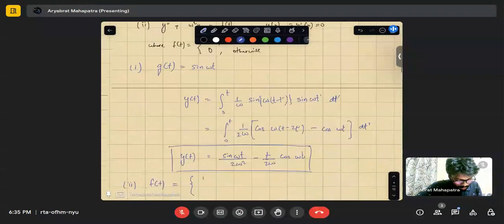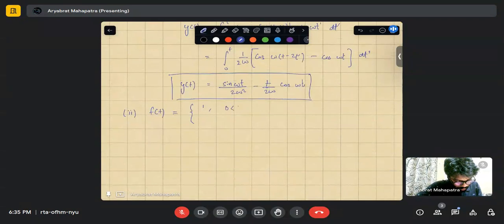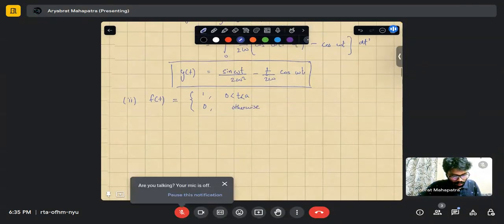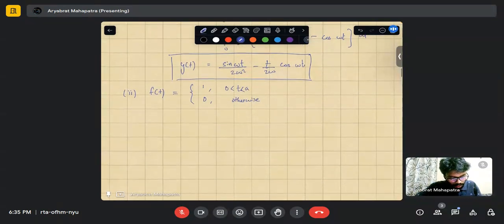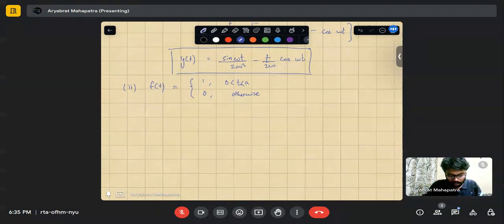1 when it is between 0 and a, otherwise it is 0. Here, like last time, I told you that I can write this function in terms of the unit step function. You can remember the unit step function is defined like this: 1 if t is greater than a, 0 otherwise.